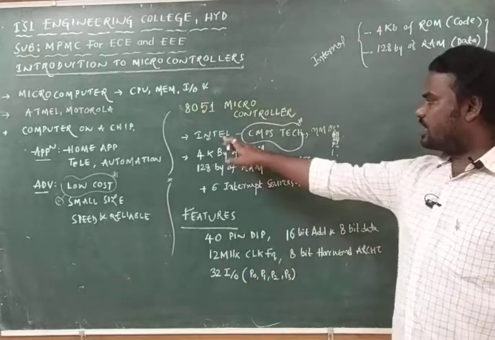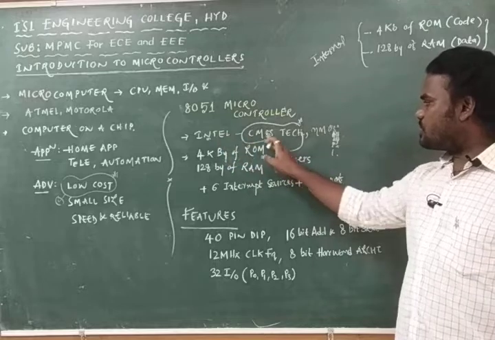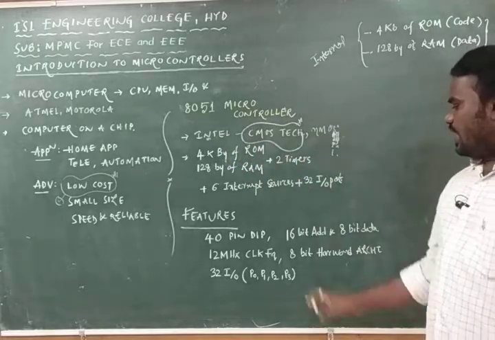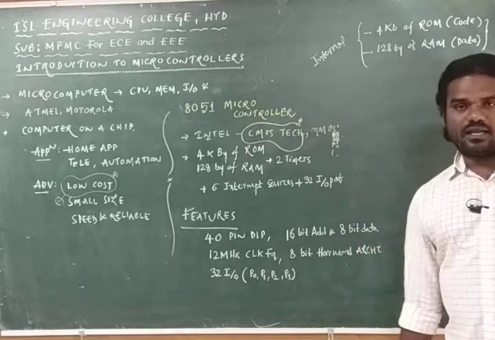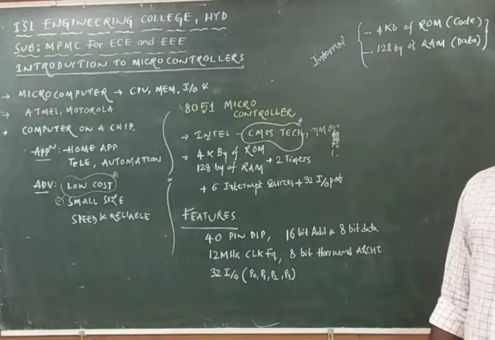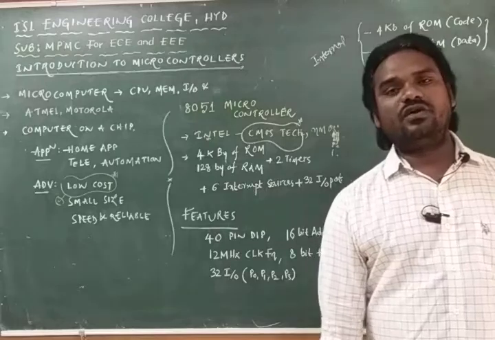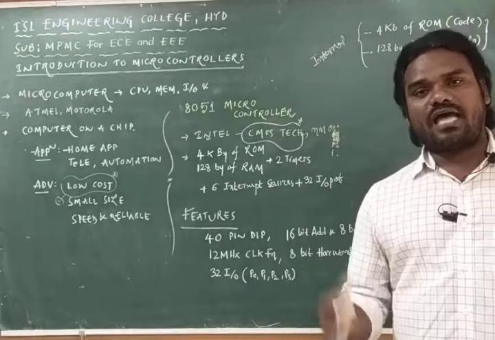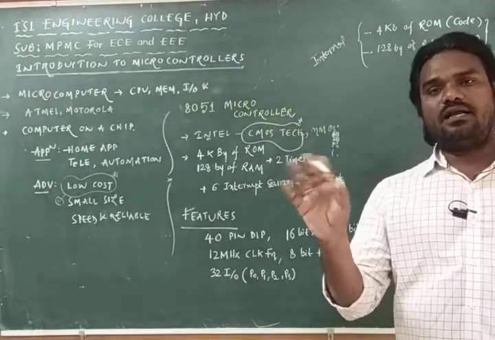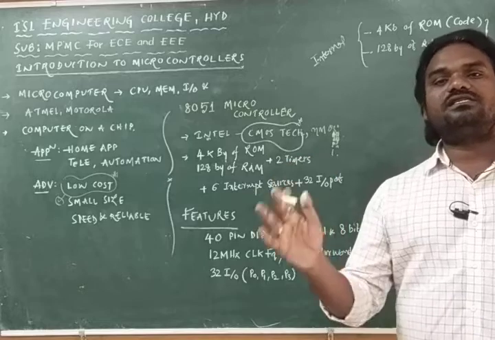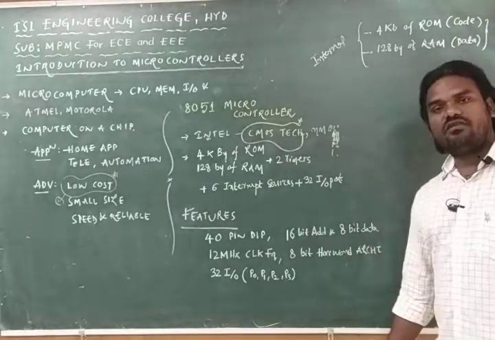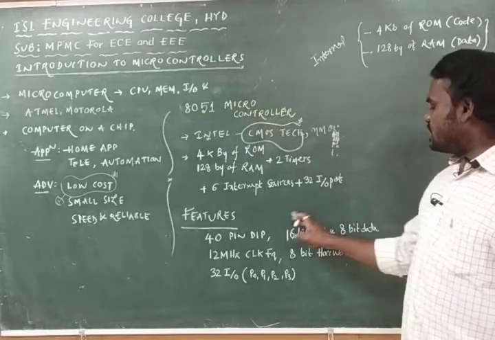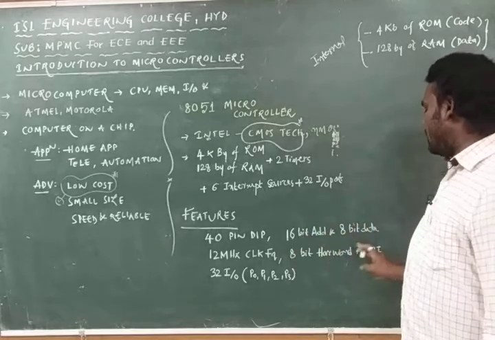It is fabricated by the Intel Corporation using CMOS technology. This is a very important point. In the case of the 8086 microprocessor, it has 20-bit address lines and 16-bit data lines. But in the 8051 we have 16-bit address lines and 8-bit data lines.